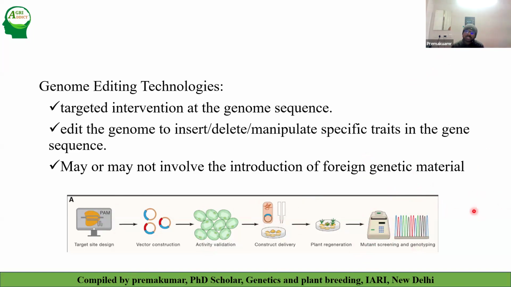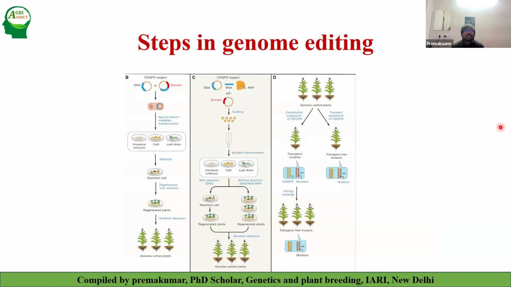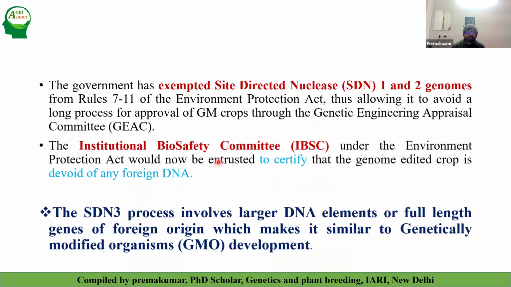Then you validate and release for field trials. After that it goes through the normal system of release, which we will discuss tomorrow. This is the broad picture of genome editing. Then what are the steps? First we will discuss the different technologies available to edit the genome. Later we'll come to this.